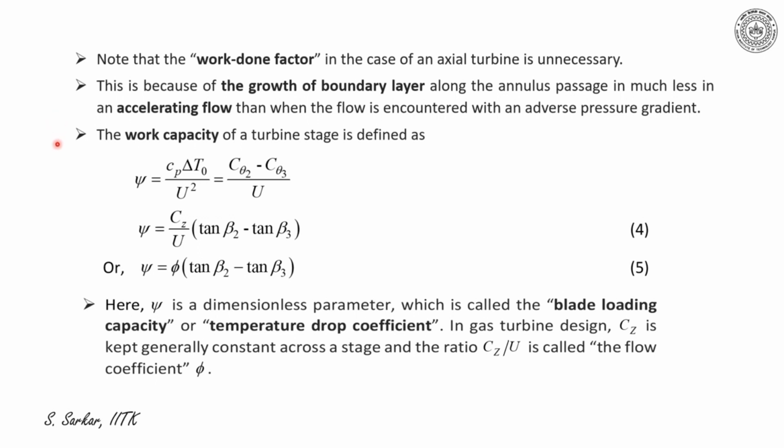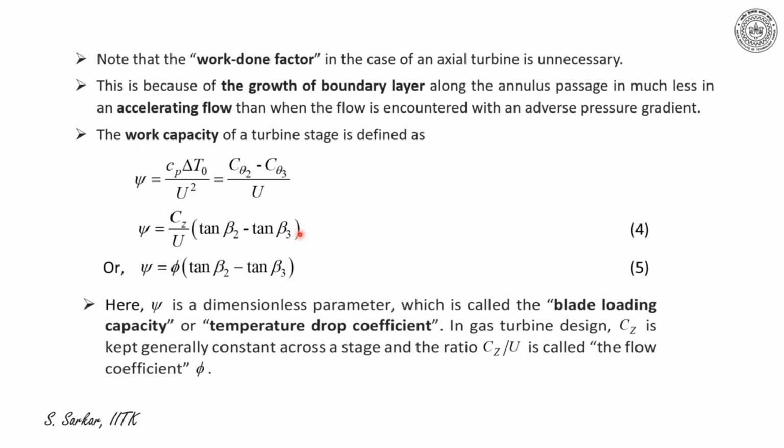Now, the work capacity of a turbine stage can be defined as Xi is equal to Cp into delta T0 divided by U squared. That's equal to C theta 2 minus C theta 3 divided by U. Hence, using the velocity triangle, I can write Xi is equal to Cz by U within bracket tan beta 2 minus tan beta 3.